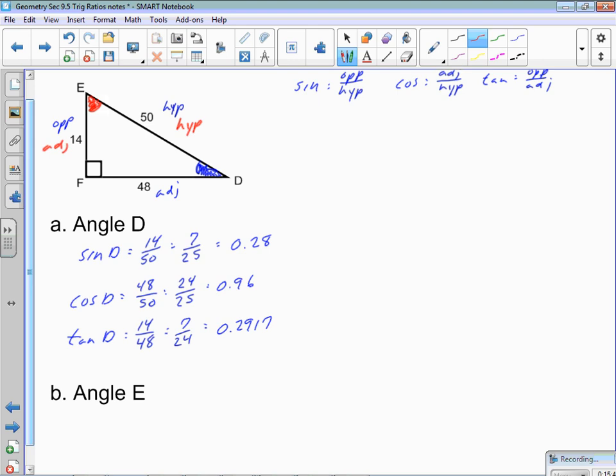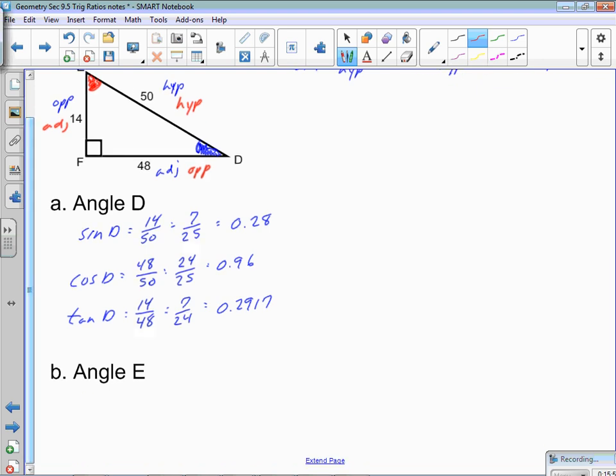So that's going to be adjacent. That's going to be opposite for angle E. And so the sine of E is going to be what? 48 over 50, or 24/25, which is 0.96.